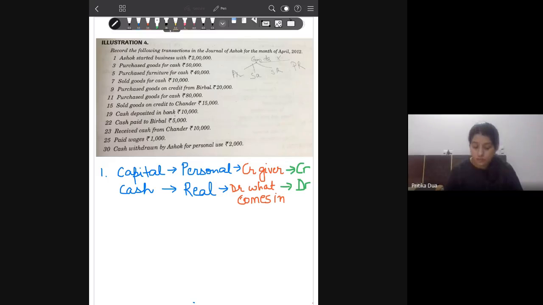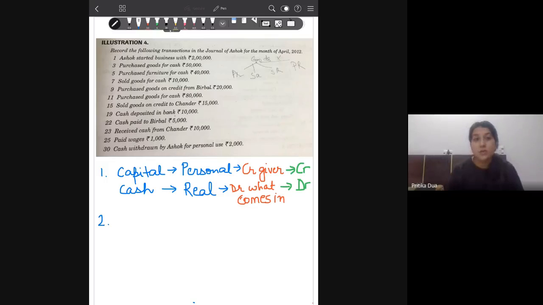Okay, so let's move to the second transaction. I'll solve 2 and 3 for you and then we'll try solving on our own. So purchased goods for cash 50,000. As I told you earlier also, goods per se is not an account. If you are purchasing goods, it comes under the purchases account.